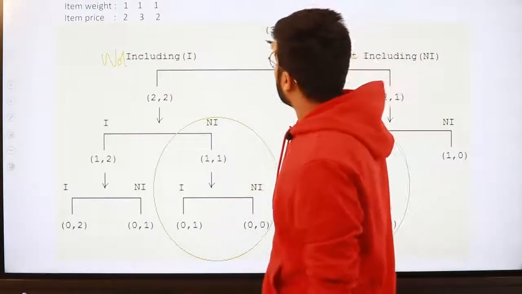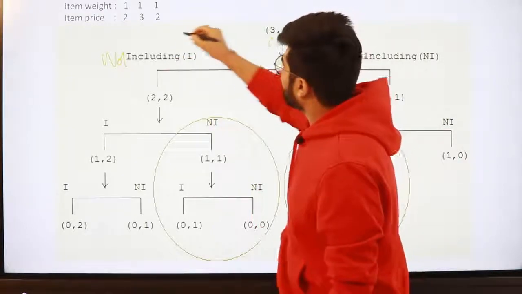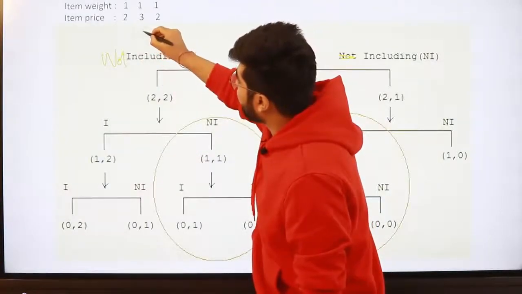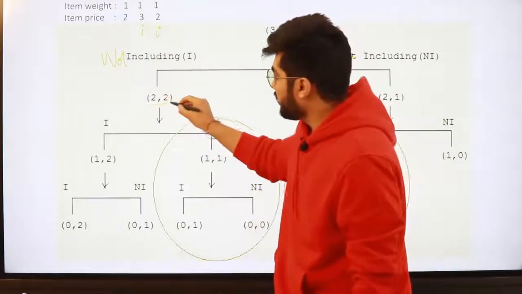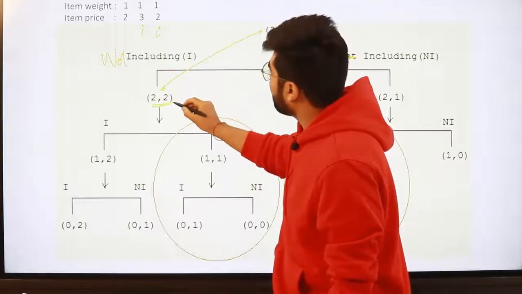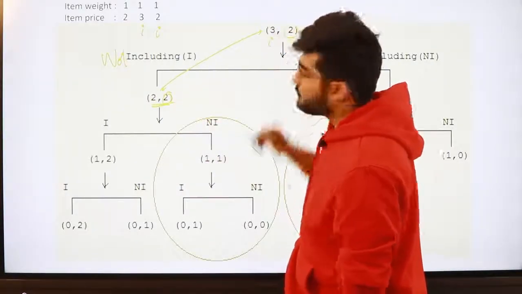If you are not including this item, then your I will move to the next item. As you see, your I is reduced by one, but your W, which was 2, is still 2.